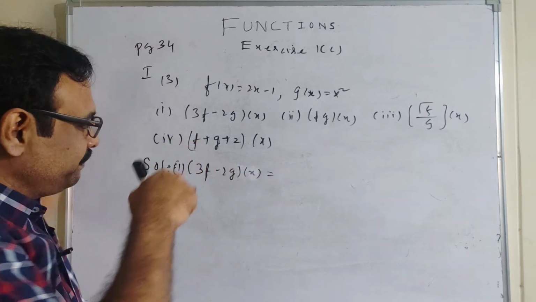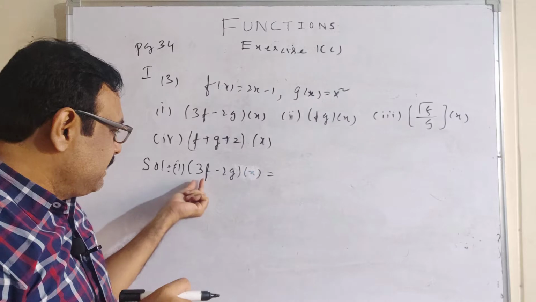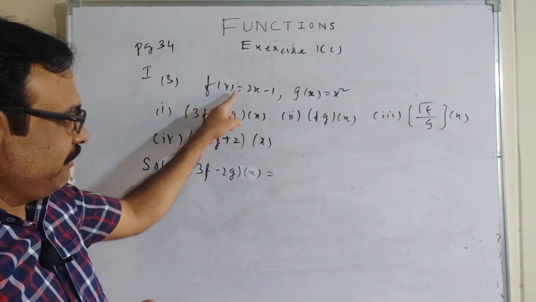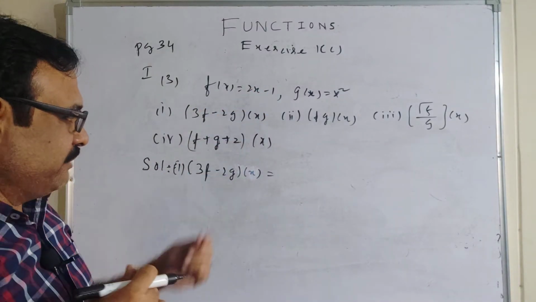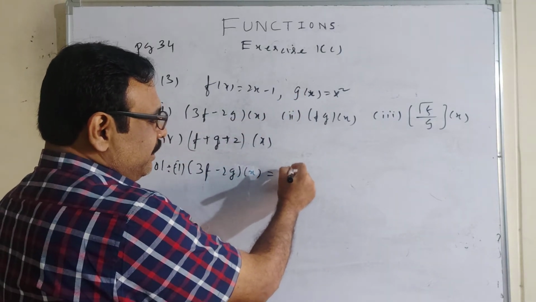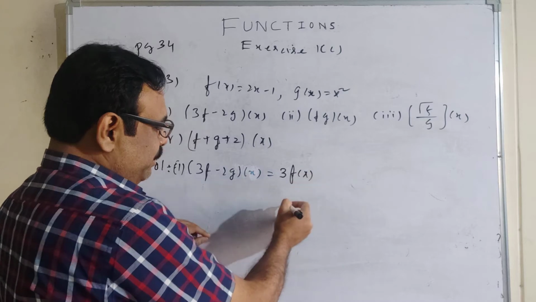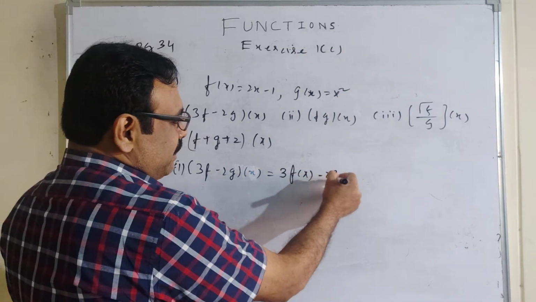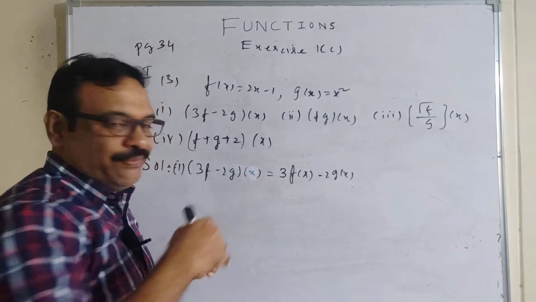While understanding, f is a function, f of x is 2x minus 1, g is a function, g of x is equal to x square. So this is 3 into f of x minus 2 into g of x.